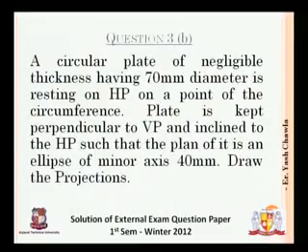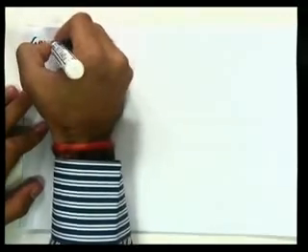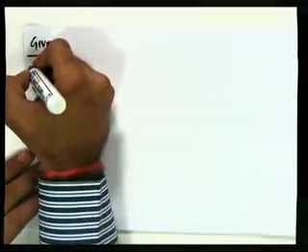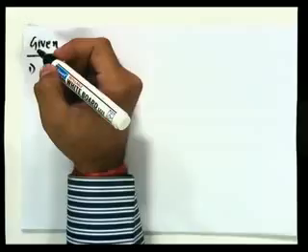So how are we going to draw the solution? Let's go to the tabletop on this. Okay, so we'll first write down the data that is given to us, as we always do. The first point that is given to us is the diameter of the circular plate.